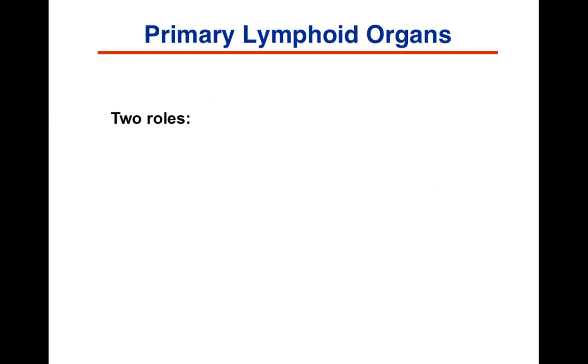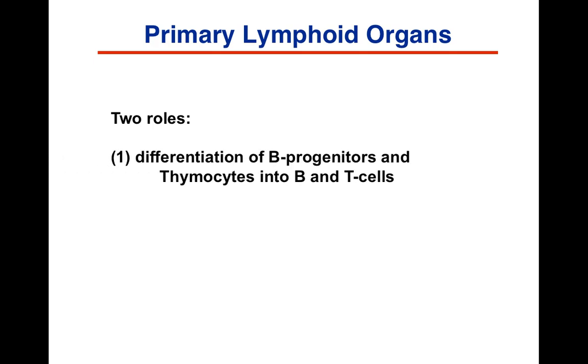So if we look at the primary lymphoid organs, there are primary lymphoid organs and there are secondary organs. These fill two roles. The first is the differentiation of B progenitor cells and lymphocytes into fully functioning B cells and T cells.